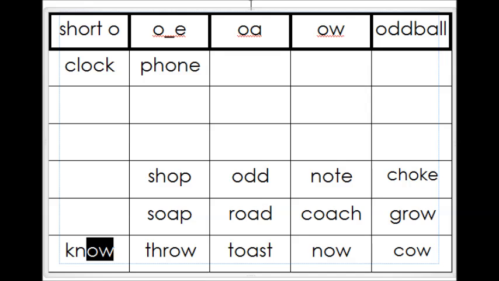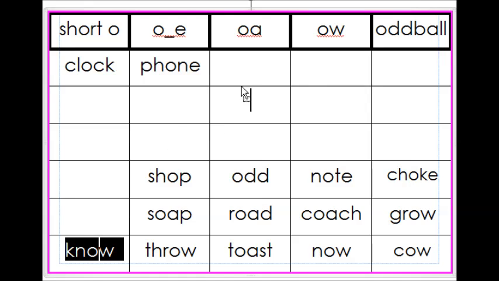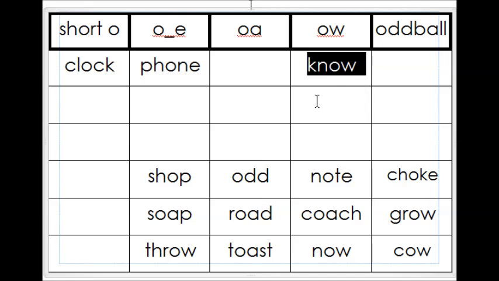This week we are learning that the O-W can make the sound long O. But sometimes you will find that the O-W sound makes the ow sound. Okay? We'll see that in just a minute. So this is no, which is O-W, making a long O sound.